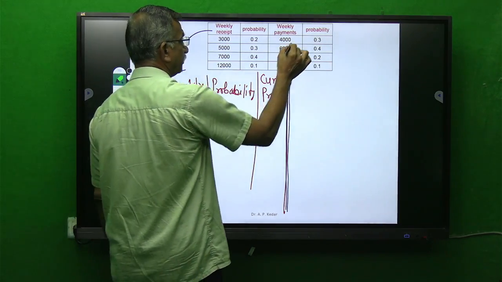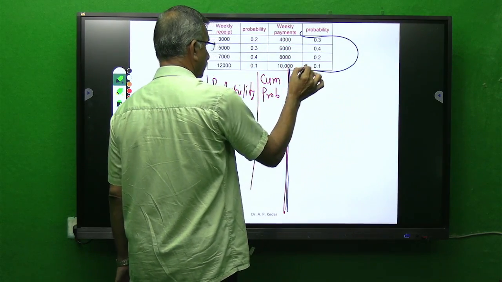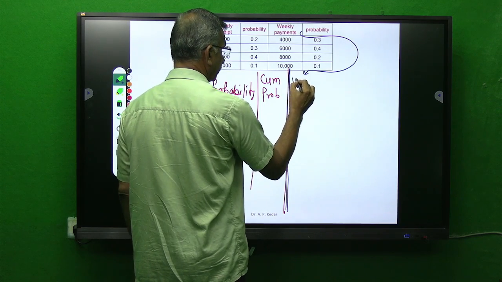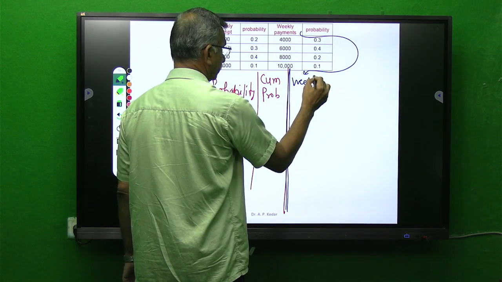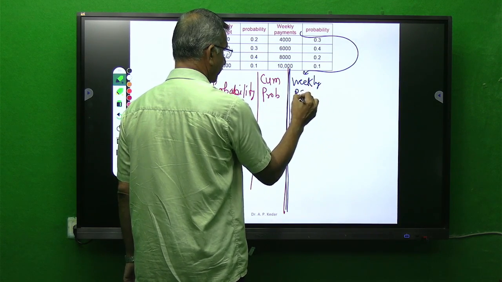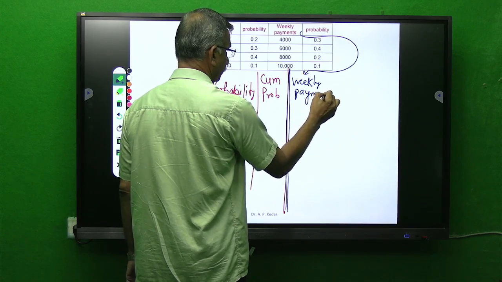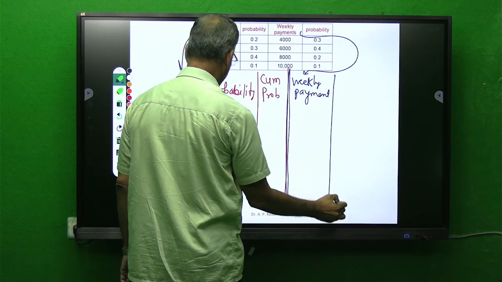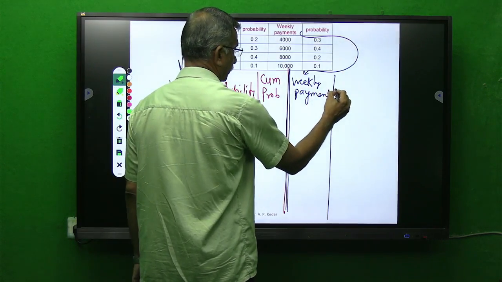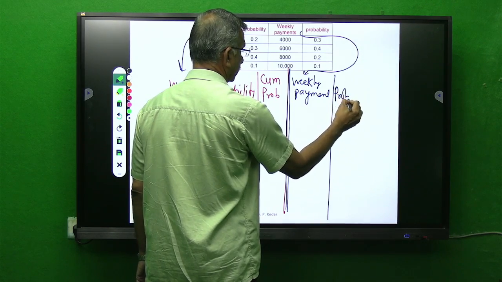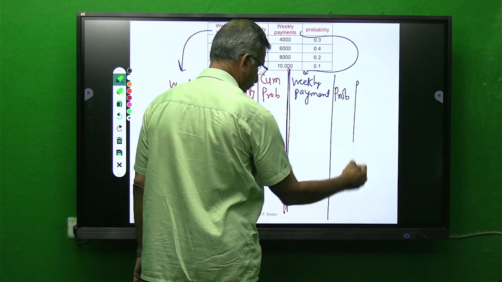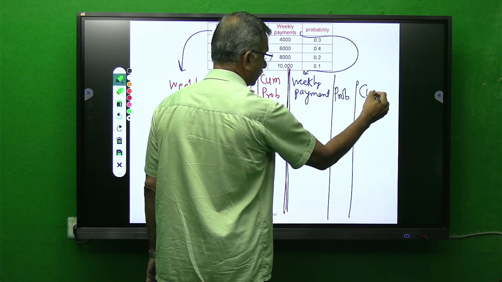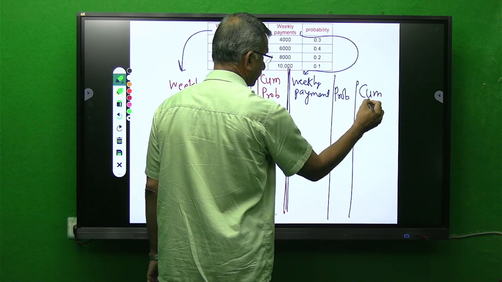Similarly, for payment purpose, we will do weekly payment, then we will go for probability given, and then we will go for cumulative probability.